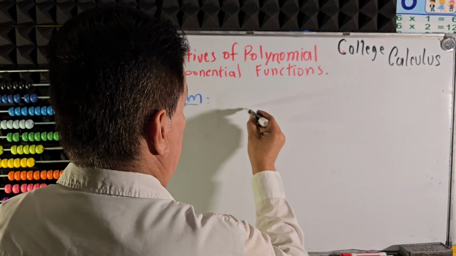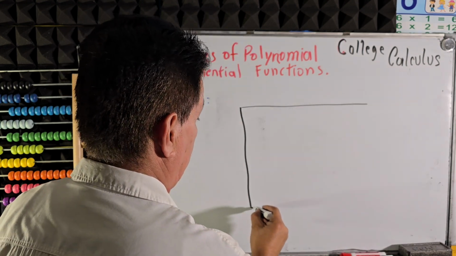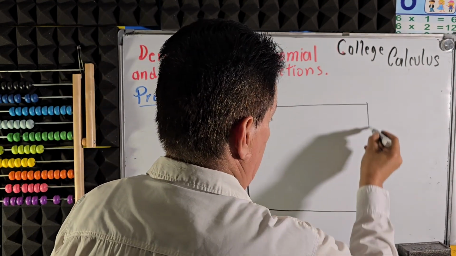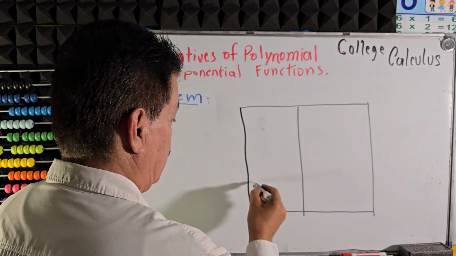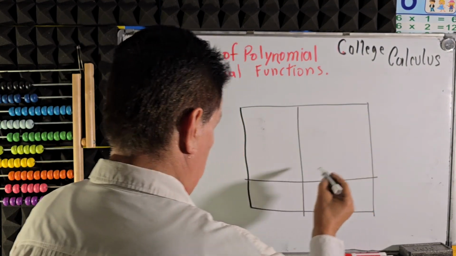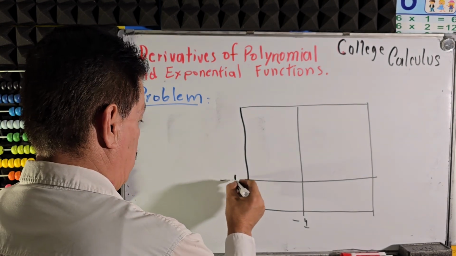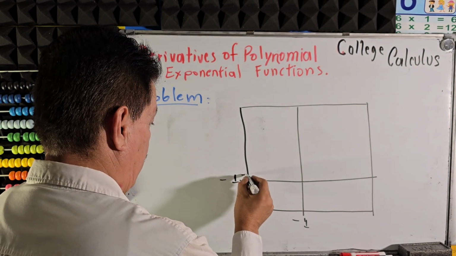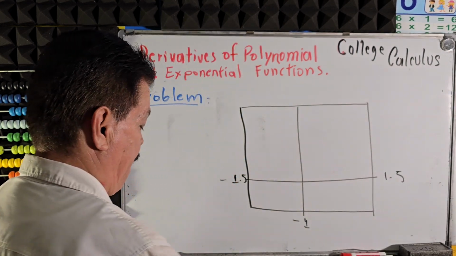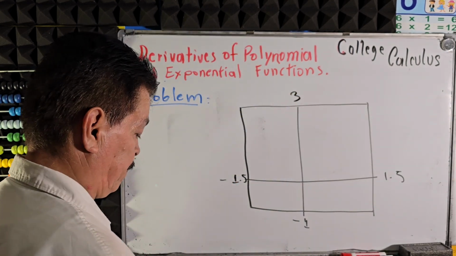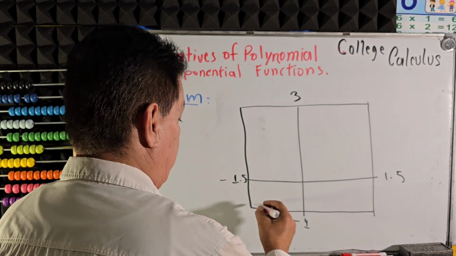I can make a little square right here and make a picture of my graph. So my graph is like this. Here we have -1 and -1, 0.5, 1.5, and then 3. I want to make some graph right here.